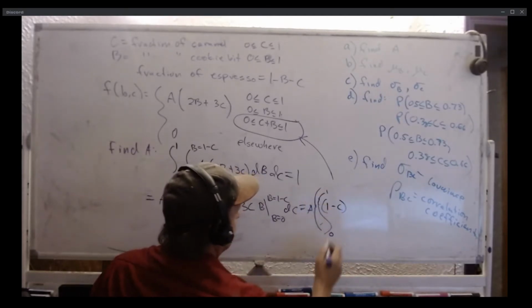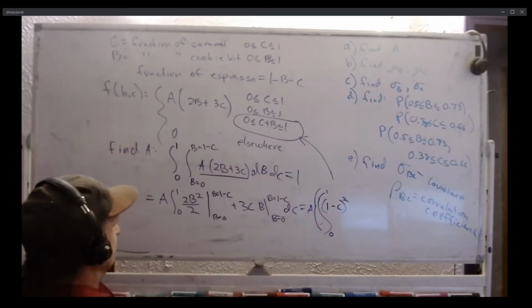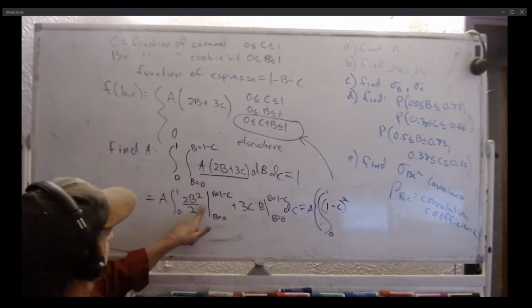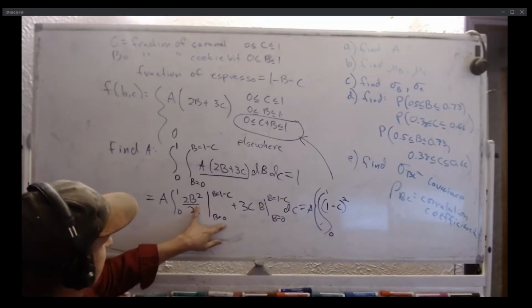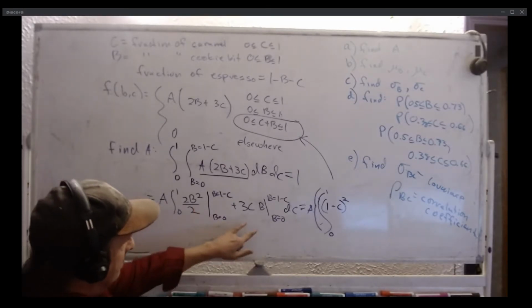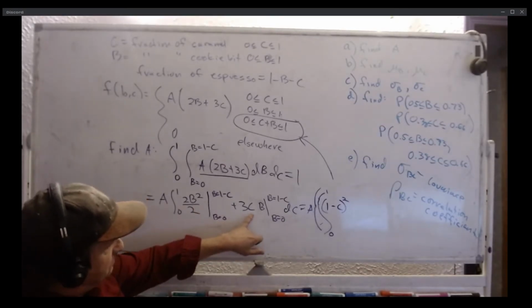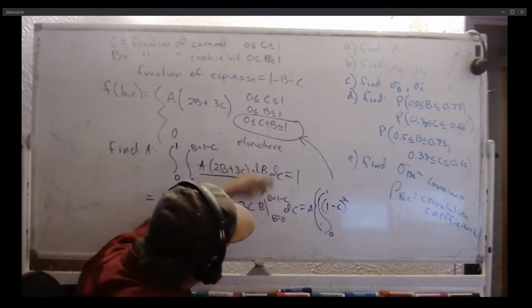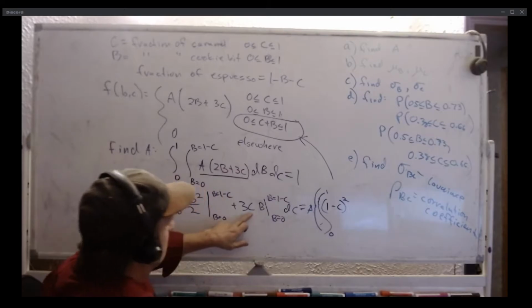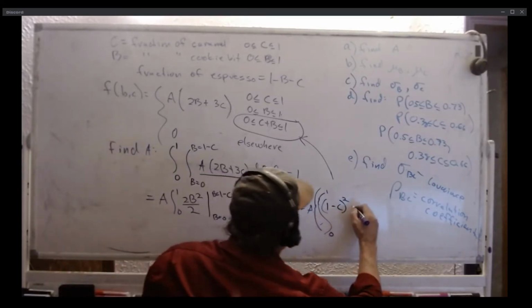So this is 1 minus c squared minus, what happens when we put 0 in here, guys? Don't we get 0? Yeah, it's all going to go to 0, so I'm just not even going to write that. Then we have 3cb evaluated for b going from 1 minus c all the way down to 0. So we're going to just get 3c out of this.